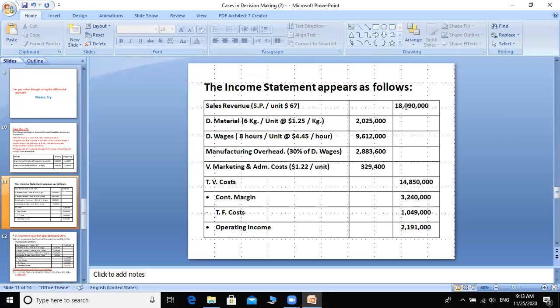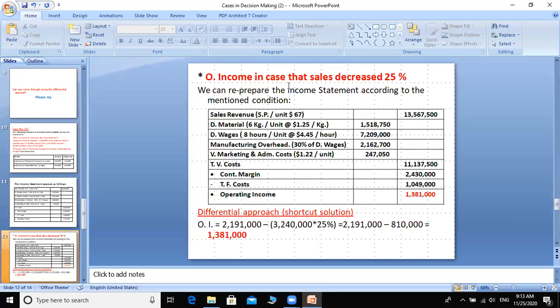So instead of decreasing this and that by 25%, decrease the contribution margin by 25%. Then the result is deducted from the existing operating income, giving you the new operating income if sales decrease by 25%.